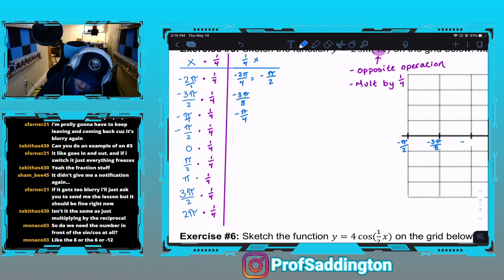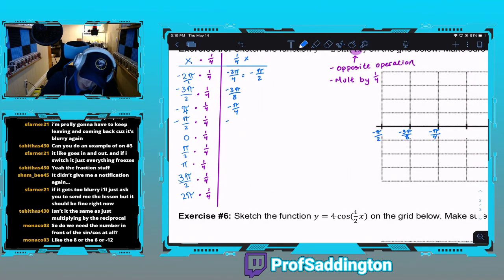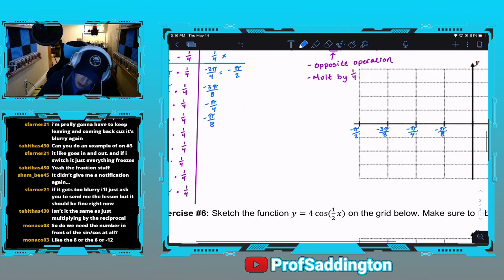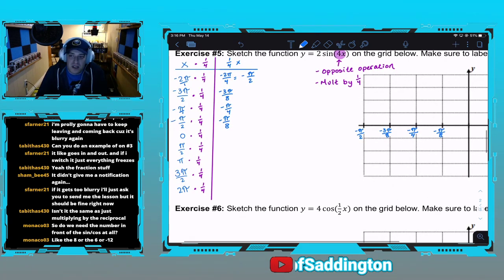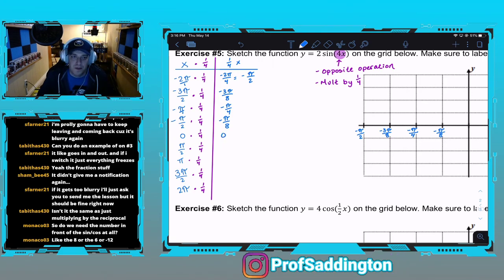That cannot be reduced. And if I do the next one, I'm going to have negative pi over 8. And that cannot be reduced. The next part's still 0 because 0 times anything is still 0.